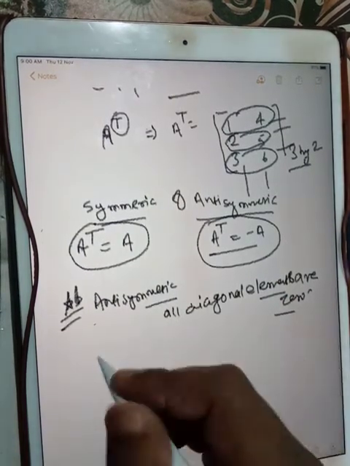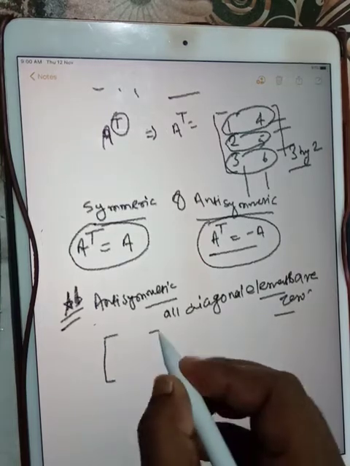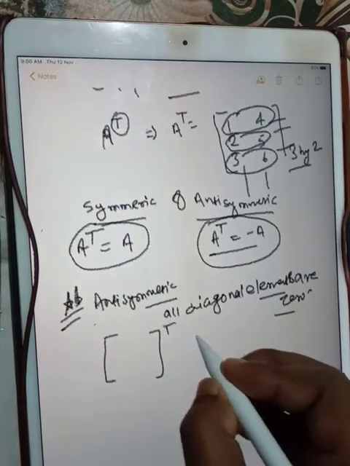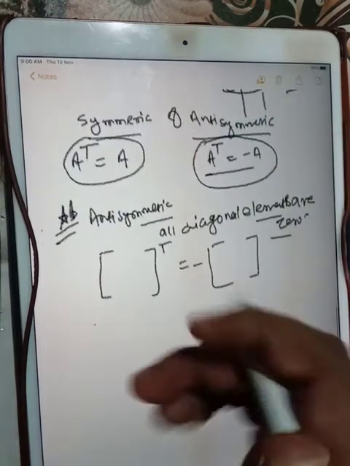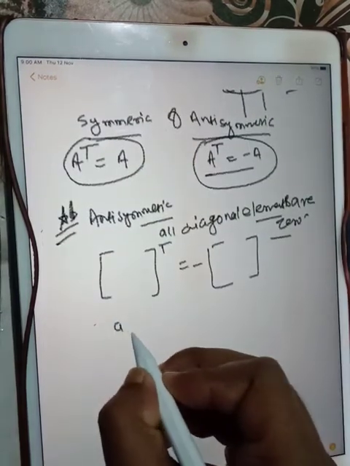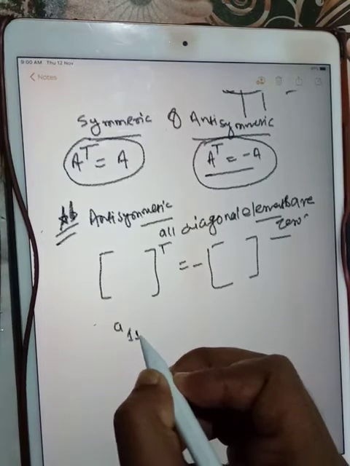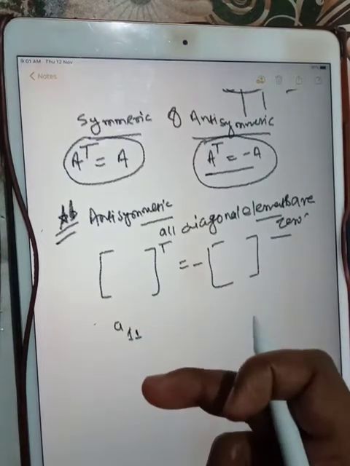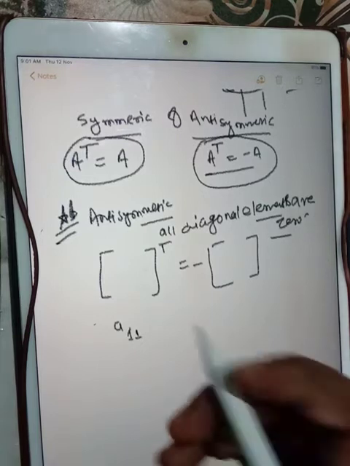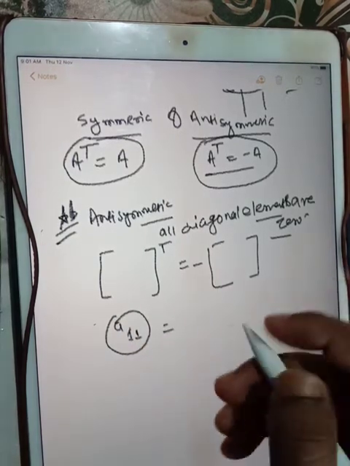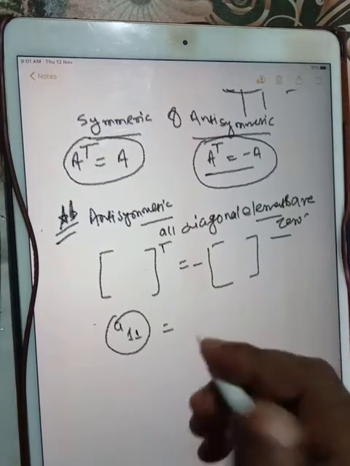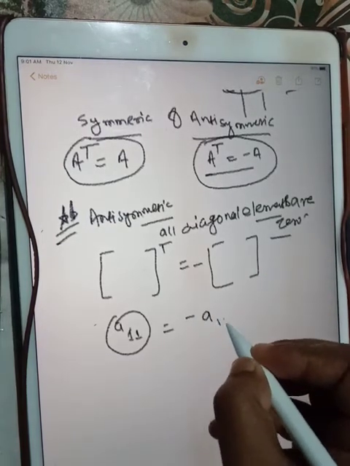Because what you say is that if we take the transpose of a matrix, it will be equal to minus of that. Okay, so let's take an example: the element a11, because after taking transpose the diagonal element remains the same, that will be only a11, equal to the negative of that matrix, that is minus of a11.